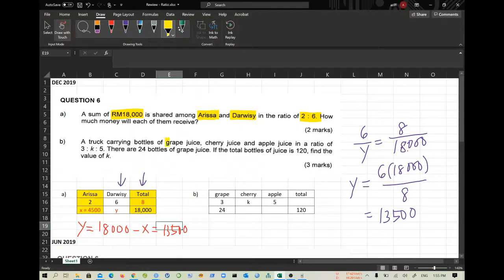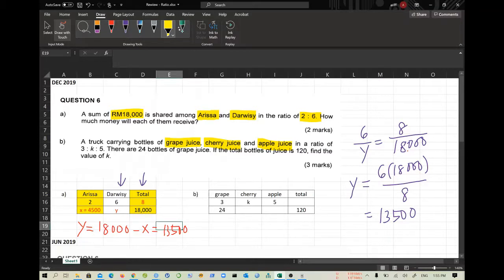So you have 3 items: grape, cherry and apple. Remember, if you have 3 items, that means you have to come up with 4 columns. So what is the fourth one? The fourth one will be the column for total.